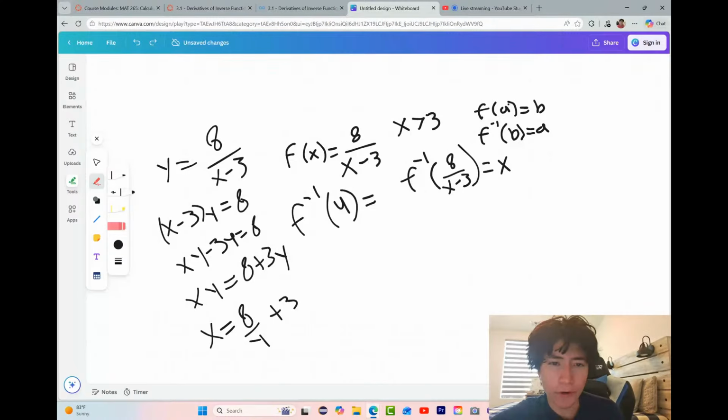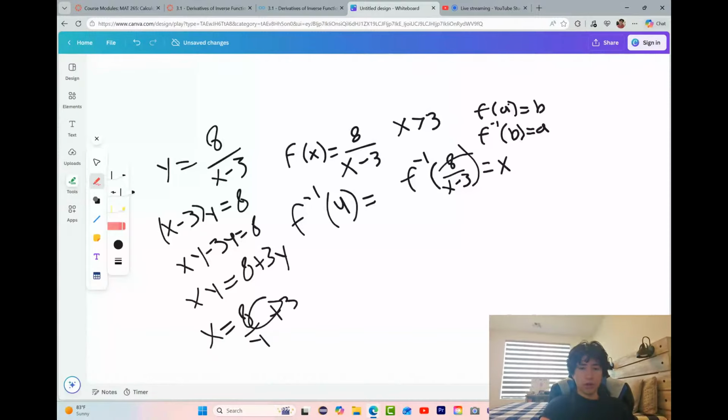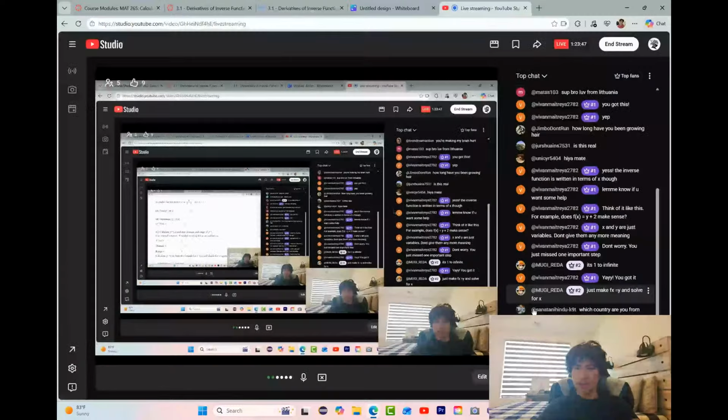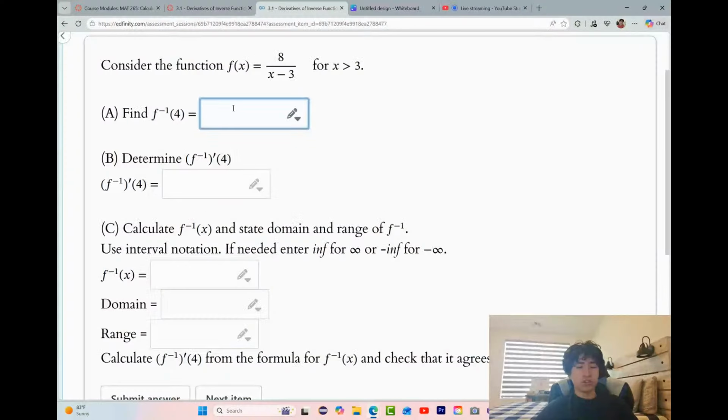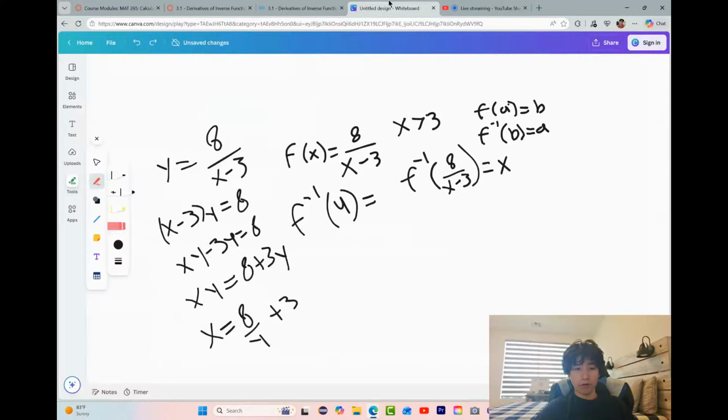Oh, we found the inverse function, right? Yeah. That's literally it. Oh, of course, I see. We plug this in here and we get x. Okay. Oh, that's genius. Thank you. But then we need to do 4.